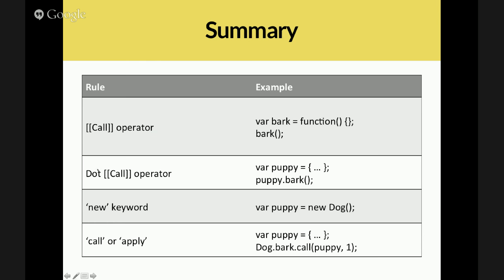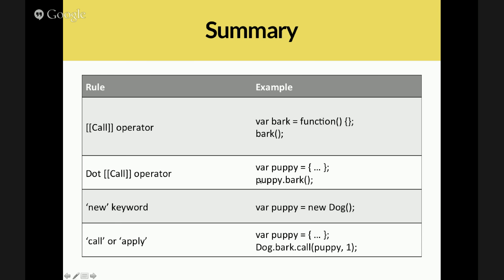The next is the dot call operator, where you have some kind of variable followed by some properties on the variable, separated by the dot operator, kind of code that looks just like this, and then you call parentheses after that. That's the dot, as in this dot, call operator. What this does is calls the bark function so that this is always going to be puppy. Basically, whatever the value left of the rightmost dot.